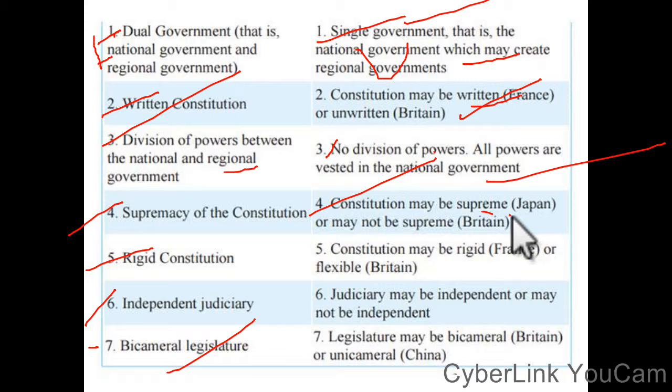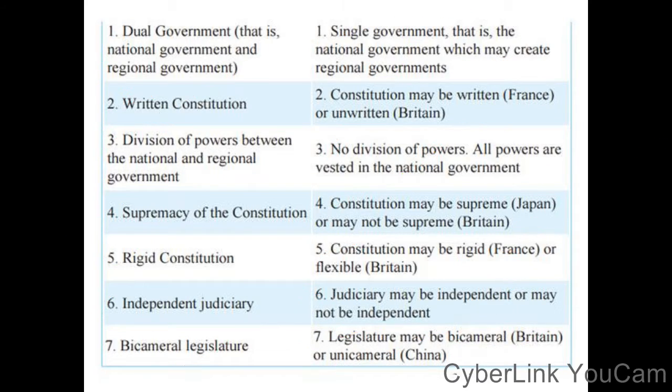The constitution may be supreme, as in Japan, or may not be supreme, as in Britain. The constitution may be rigid, as in France, or flexible, as in Britain. The judiciary may or may not be independent. The legislature may be bicameral, as in Britain, or unicameral, as in China.